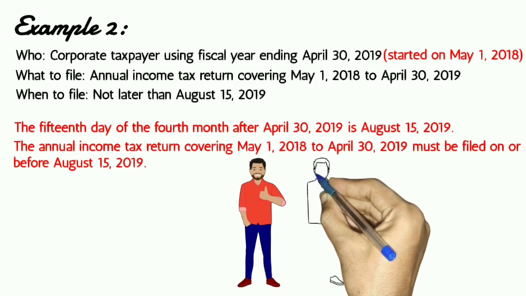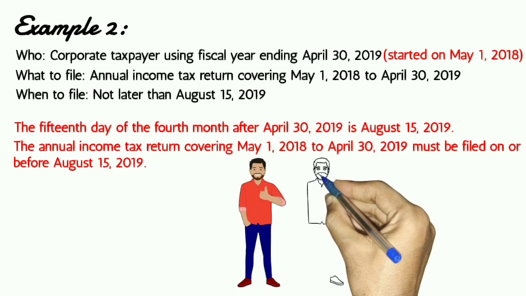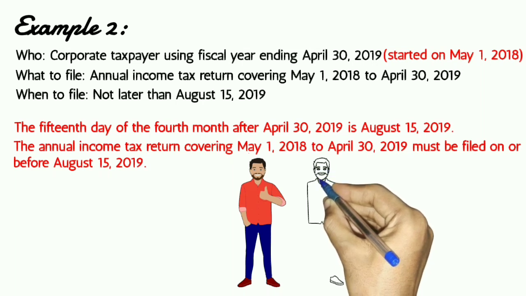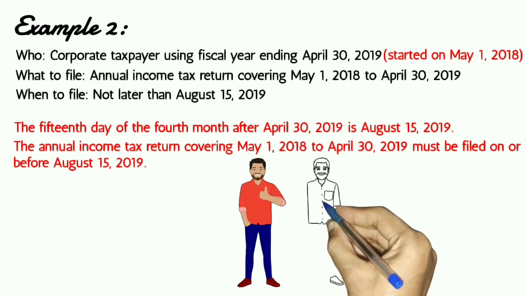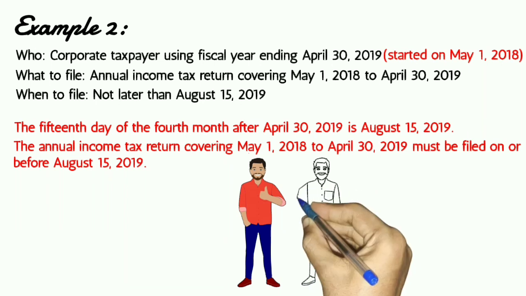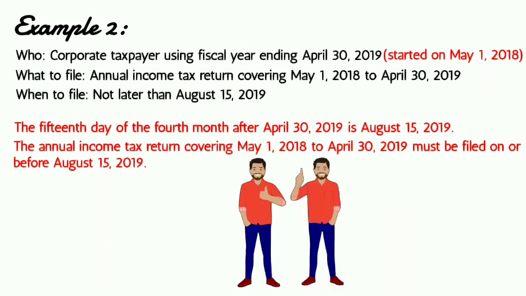Take note na ang corporate income taxpayer pwede siyang gumamit ng fiscal year or calendar year. Kung ang ginagamit niya is calendar year, ang magiging deadline ng kanyang pag-file ng income tax return ay April 15 din. So the corporate taxpayer should file its annual income tax return not later than April 15 of the following year.